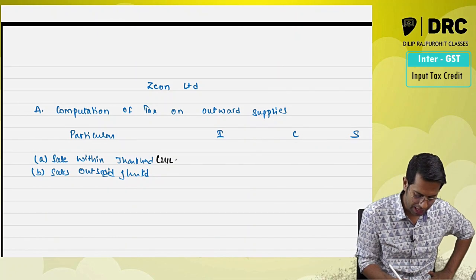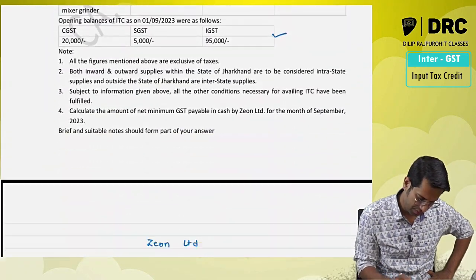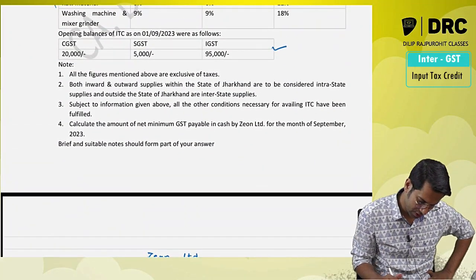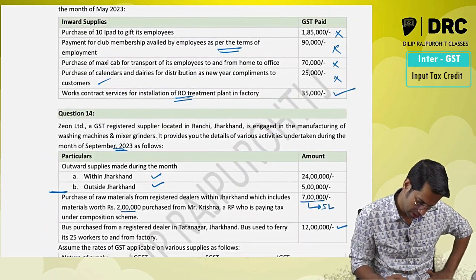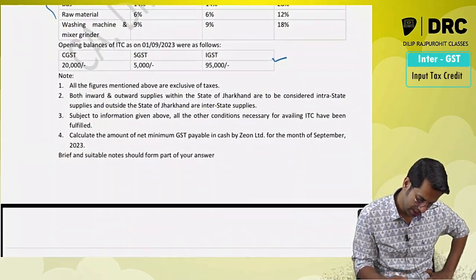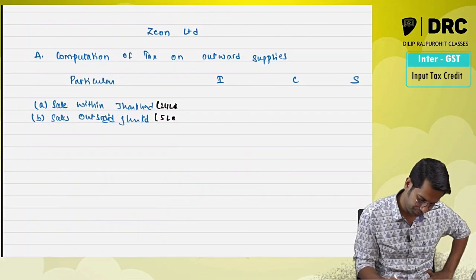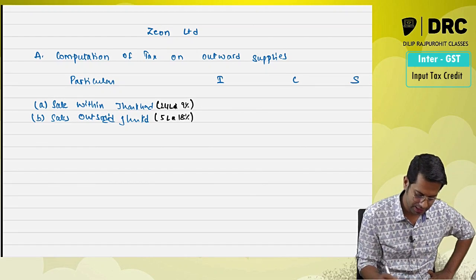So 24 lakhs into something, and next it is 5 lakhs. What is the tax rate for sales? His outward supplies. He sells machines and grinders. For that the tax rate is 18%. So 9% CGST, 9% SGST, 18% IGST.